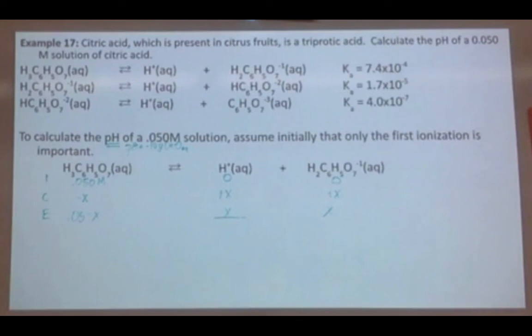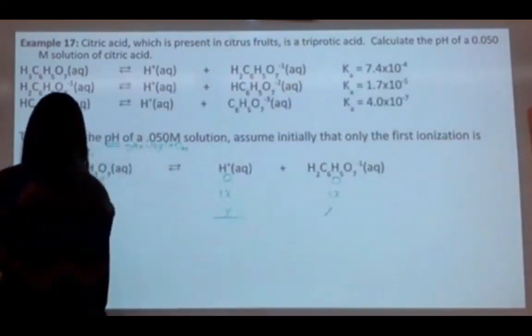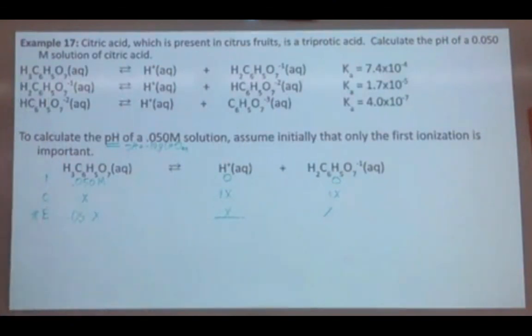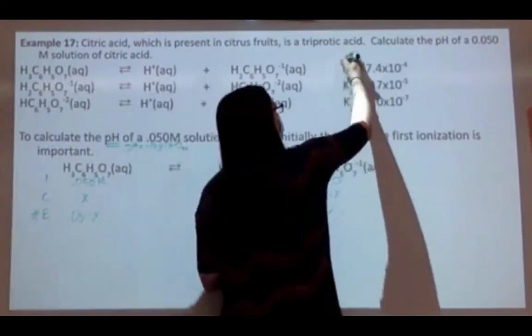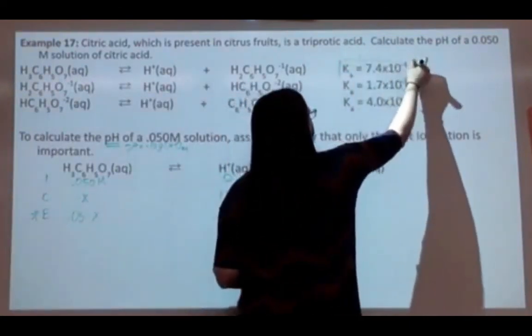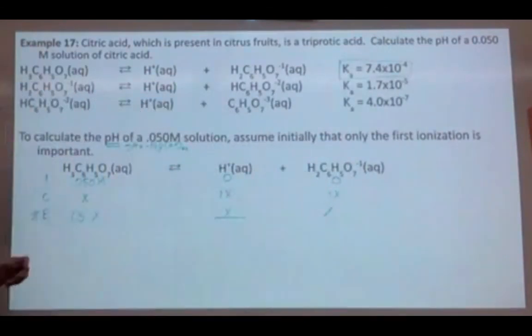Now you get to this part, and it's important to think, okay, I have these variables at equilibrium. What can I use if I have equilibrium? Well, we have our Ka. We are only assuming that the first ionization is important, so we're using the Ka that goes with this equation.